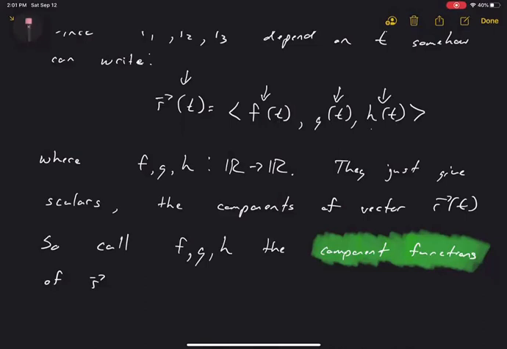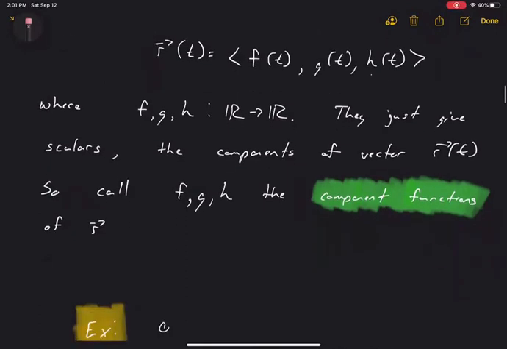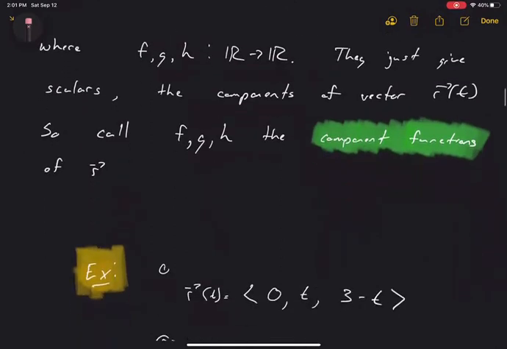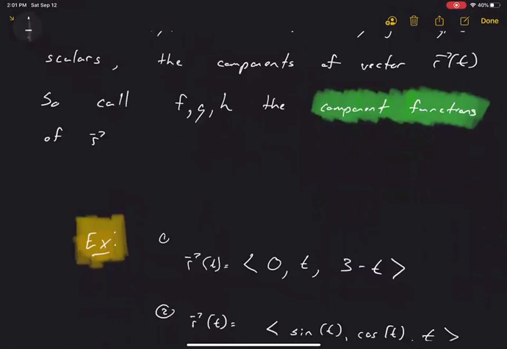And then we take that output and we plug them into the spots here. And when we plug in those three numbers into those three spots, we end up with a vector. Now since these functions are giving us the components of our vectors, we call them component functions of our vector r, or of r of t.